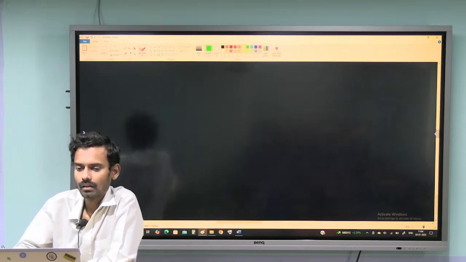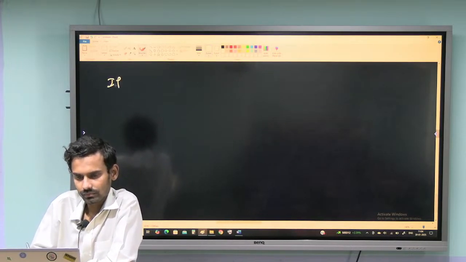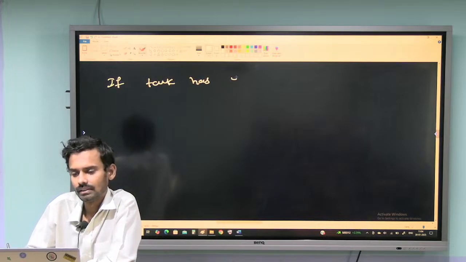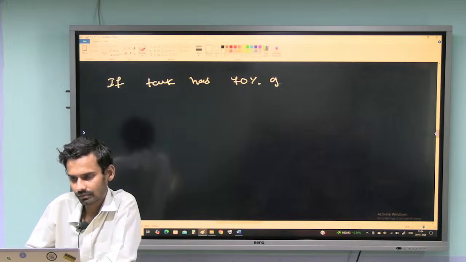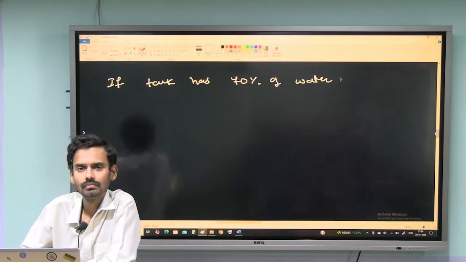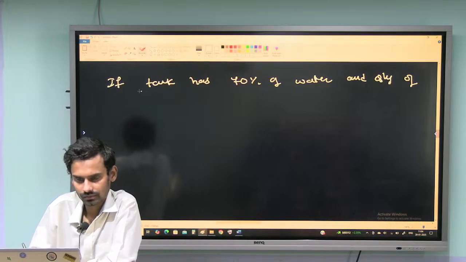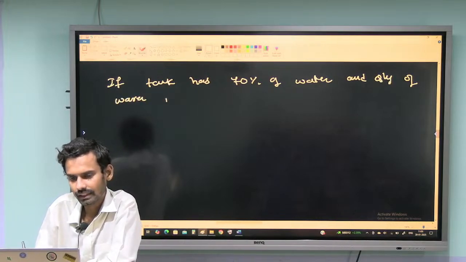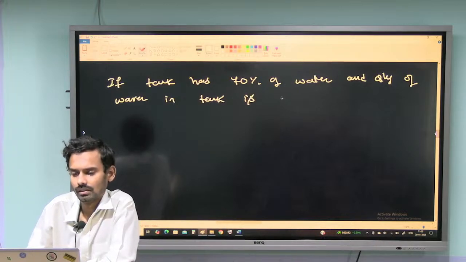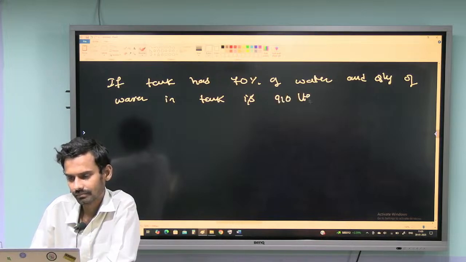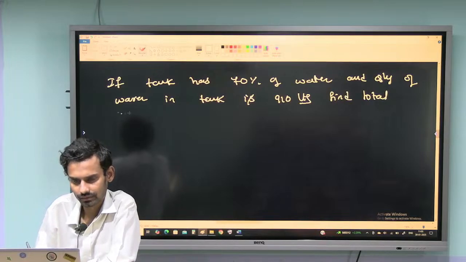Like if a tank has 70% of water and the quantity of water in the tank is, let's say, 910 liters, find the total capacity of the tank.